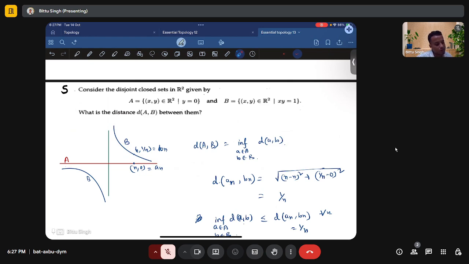This is possible because A, B are not compact. Yes, this is possible because those are non-compact sets. Otherwise, we'll get some contradiction.